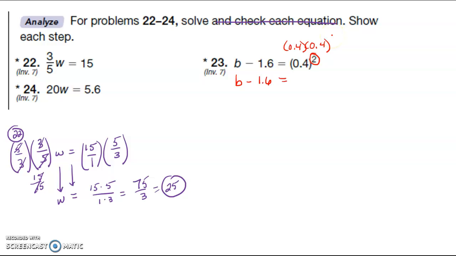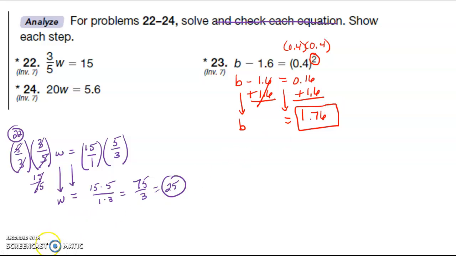So if I put that in my calculator, I get 0.16. Now I can add this to both sides. We should really line those up, but either way, we're going to use a calculator anyway. So equals, so I have, I think it's 1.76. It's going to be my answer there.